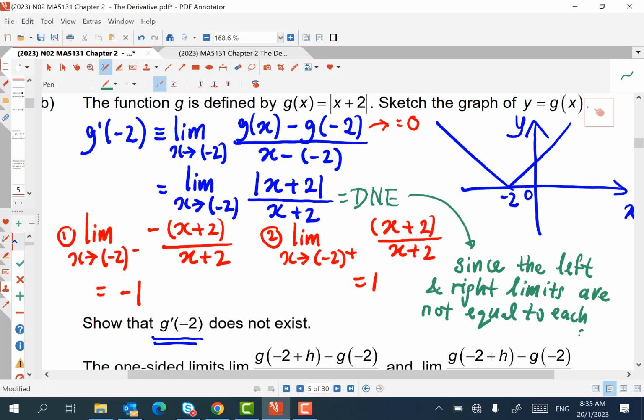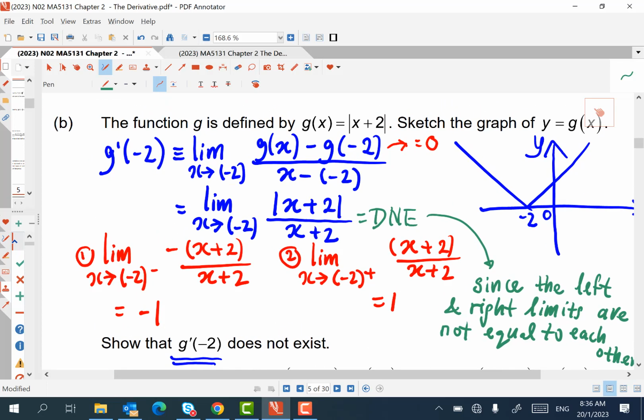Okay, so that completes the proof that g prime of -2 does not exist.